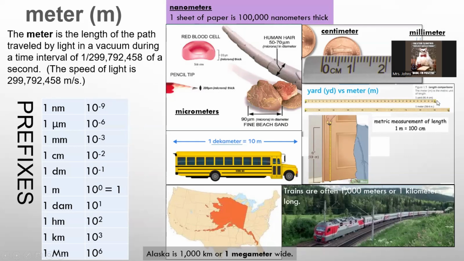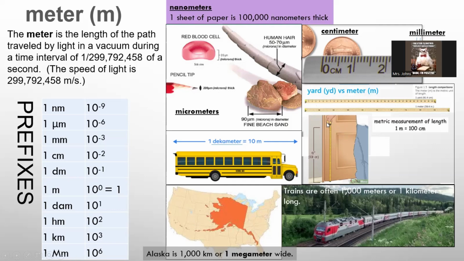A yardstick is just ever so slightly shorter than a meter stick. It comes in at 91.4 centimeters, whereas the meter stick is 100 centimeters. So it's 8.6 centimeters short, which is a little over 3 inches too short.